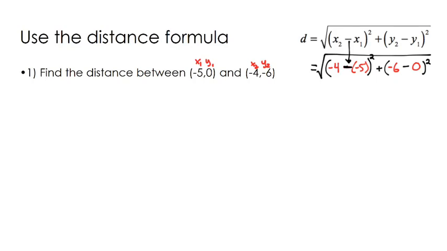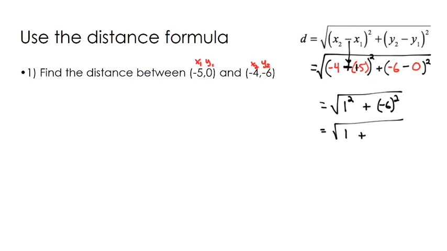Now let's be real careful with our signs in here. If I have negative 4 and I'm subtracting a negative 5, that means you're really adding 5. So that becomes negative 4 plus 5, or in other words, 1 squared, plus negative 6 minus 0 is negative 6 squared. And now we can just simplify. 1 squared is 1.